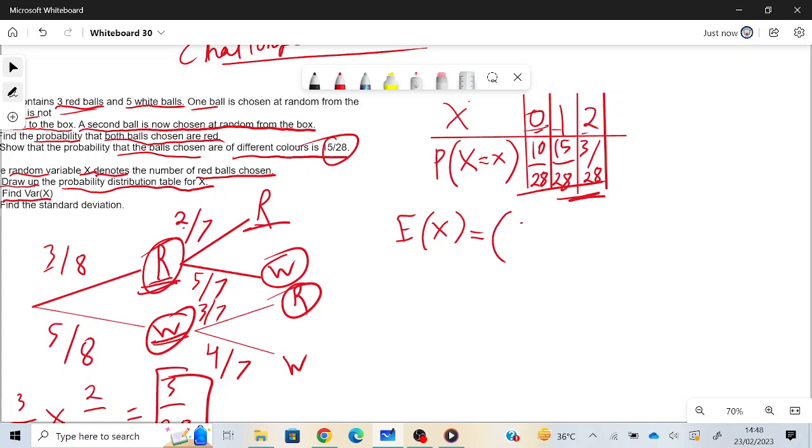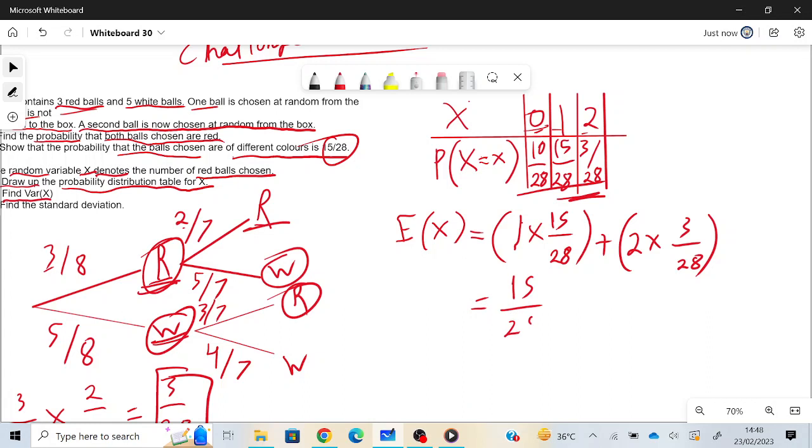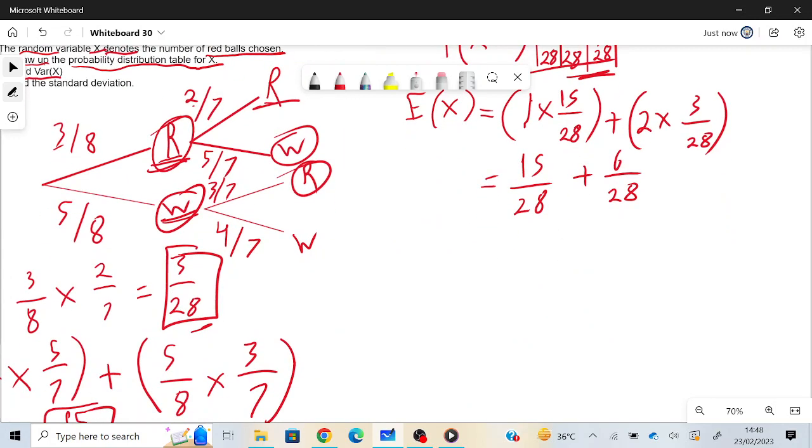So 1 times 15 over 28 plus 2 times 3 over 28. That's 15 over 28 plus 6 over 28, which is 21 over 28, and that is the same as 3 over 4. Yep, it is. So our expected value is 3 over 4.